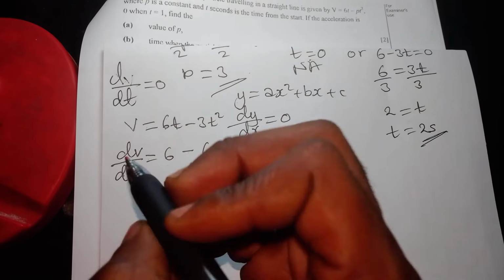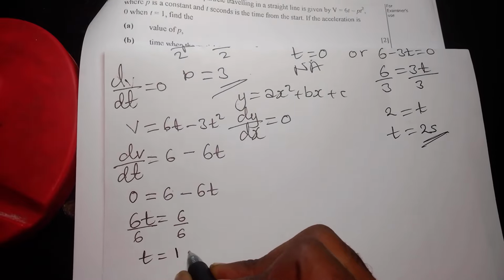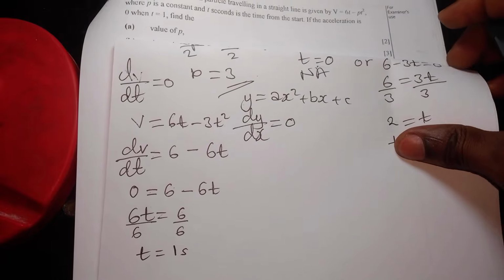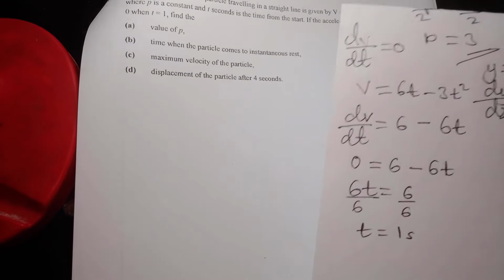So you can put your 0 there, and then you have 6 minus 6t. Then to solve for t, just take this one to the other side, equate it to 6, divide both sides by 6, and your t will be 1 second. But since we are not solving for t, we can substitute this t in the original equation.